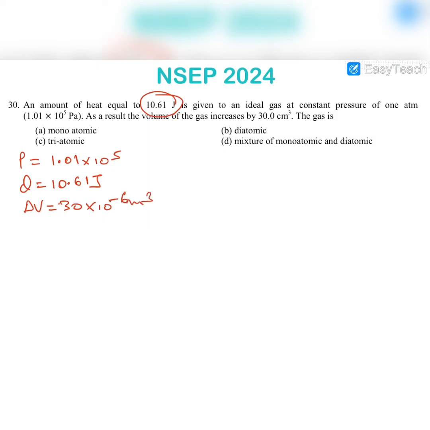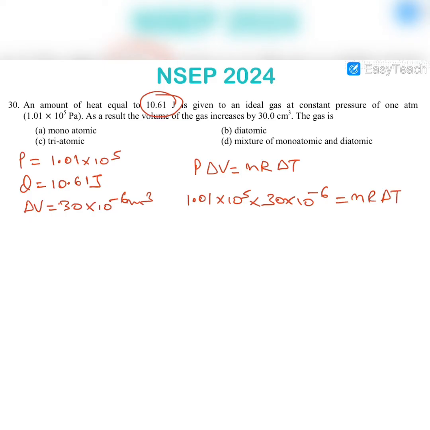First of all, let us find out the value of delta T, and therefore we know that P delta V will be equal to nR delta T. So P is 1.01 into 10 raised to power 5, and delta V is 30 into 10 raised to power minus 6, and this is equal to nR delta T.